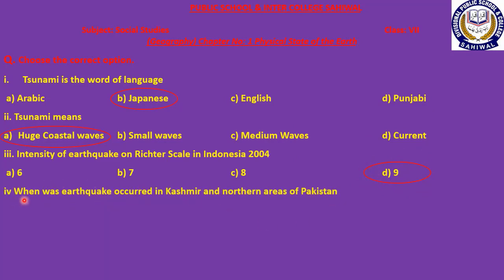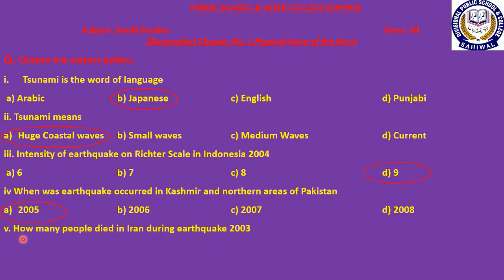Number 4. When was earthquake occurred in Kashmir and northern areas of Pakistan? A. 2005, B. 2006, C. 2007, D. 2008. So correct answer is 2005. Number 5.